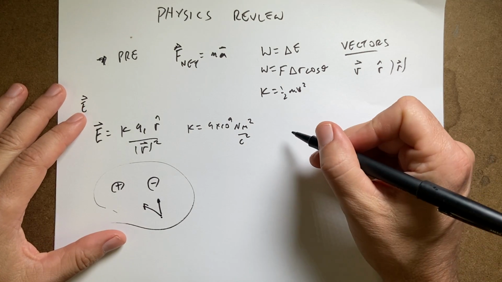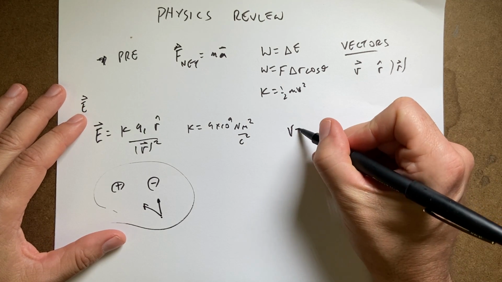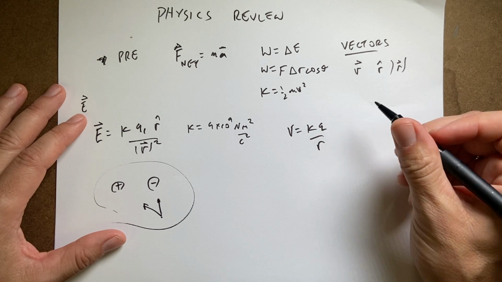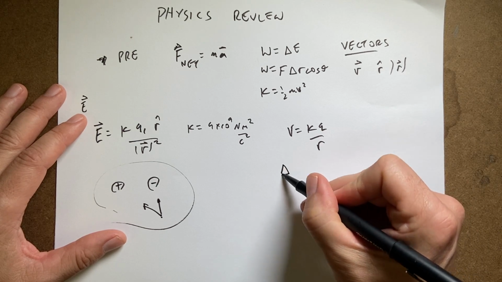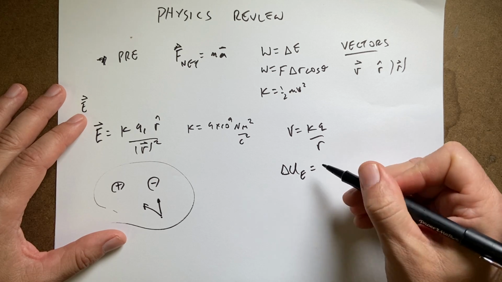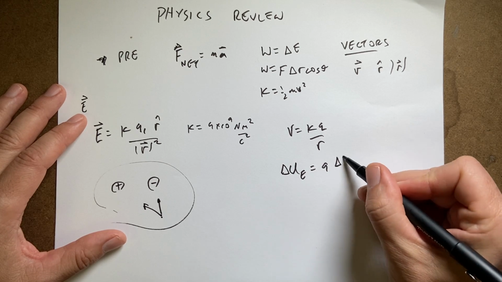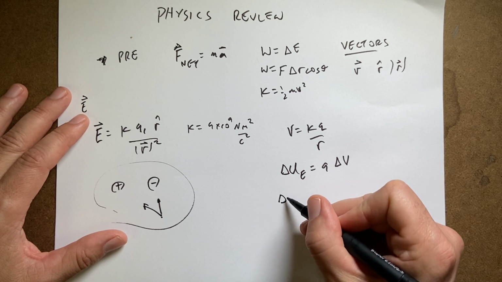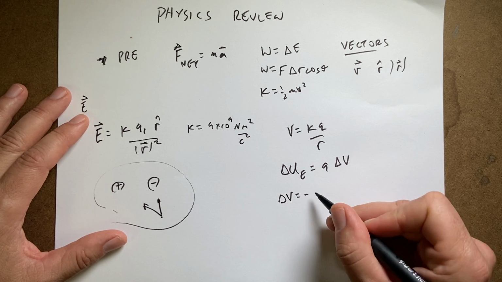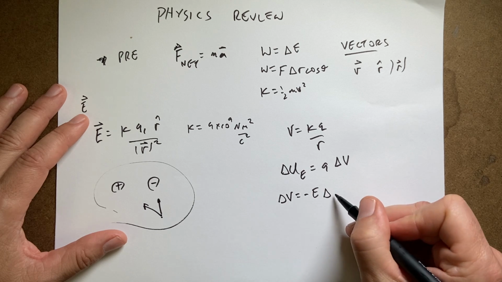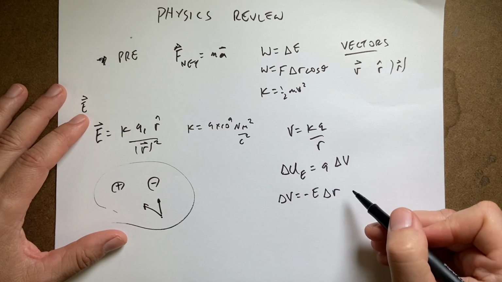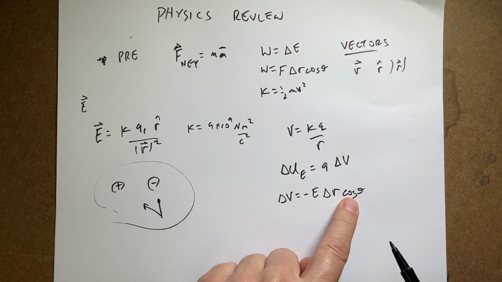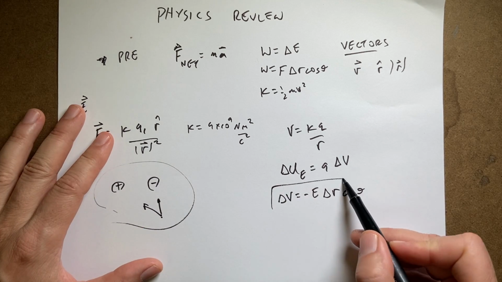You should be able to find the electric potential due to a point charge, k q over r. You should understand the potential energy. The change in electric potential energy is q times the change in electric potential. If the electric field is constant, delta V is negative E delta r cosine theta, where E is the electric field, delta r is the displacement, and theta is the angle between them.